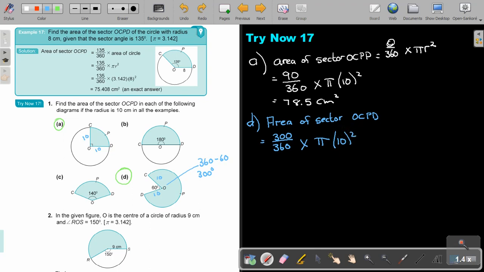It's just this part that's different. The final answer to 3 significant figures will be 262 centimeter square. Okay, let's move on to another example.